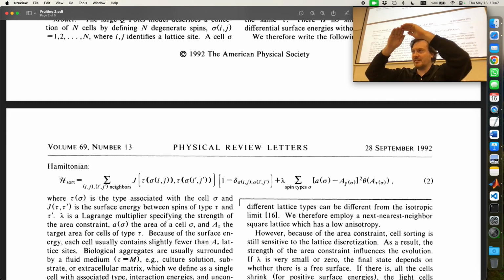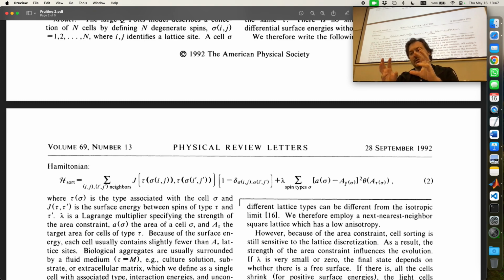So it's like the stiffness of the cell wall, right? There are also in this particular system two types of cells, and they want to have boundary with each other, the same kind of boundary, and not be together with the other kind of cell.